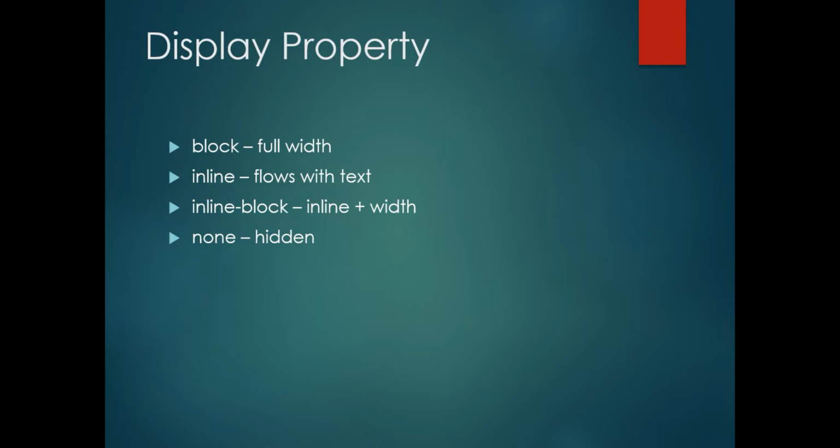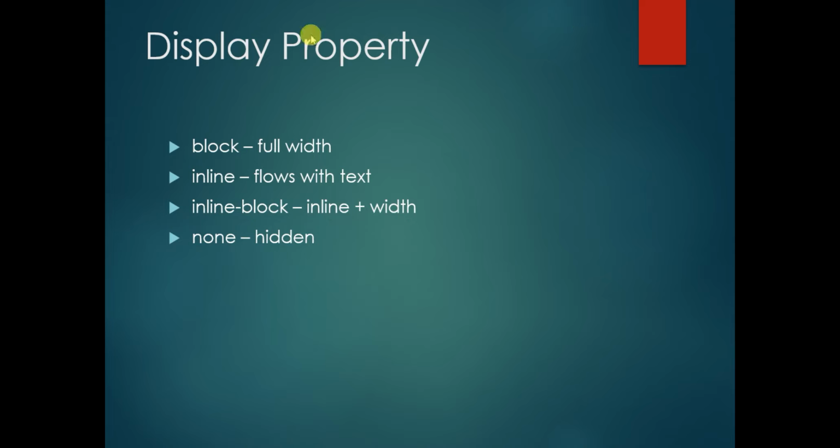So we have the display property. Display property is how we want our element, maybe h1, to be displayed. For example, we have full width, when we want it to take the whole width of this place, from here to here, you understand.